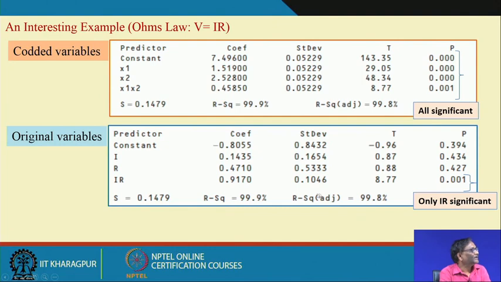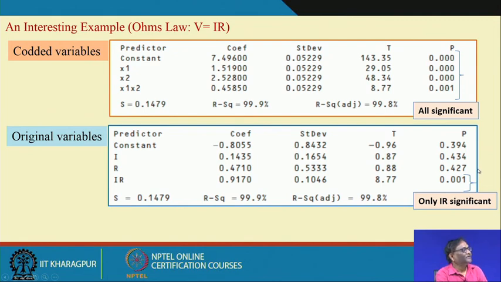Now, you see the output of the regression using coded variables: the constant is 7.5, x1 is 1.52, x2 is 2.52, R square is very high and t values are very high. So all the parameters are significant: the main effects are significant and the interaction effect is significant. Now, if you do the same thing in original units, you see only the interaction effect is significant, but the other terms, including the constant, are insignificant.